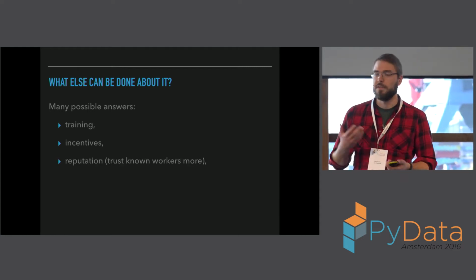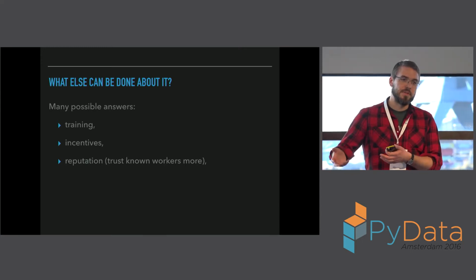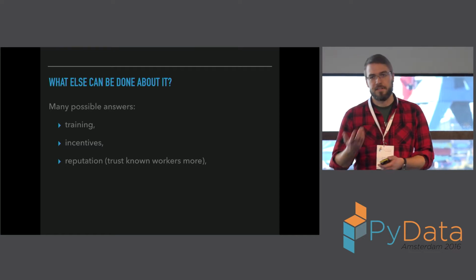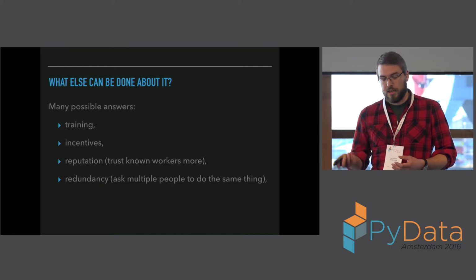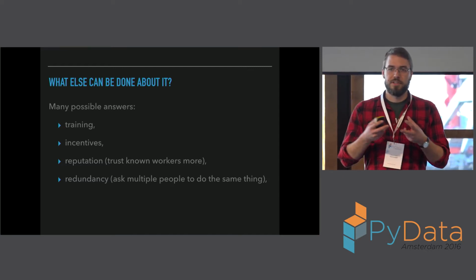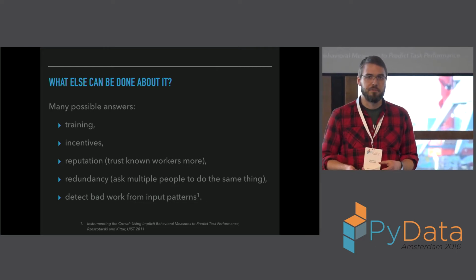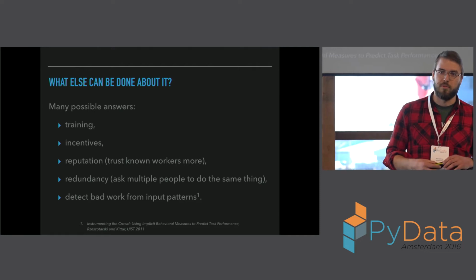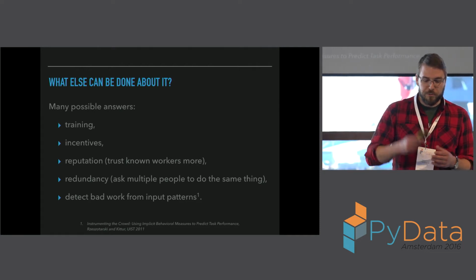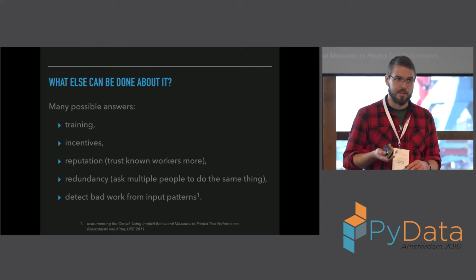For example, we could give testers some work that we know the answer to, and then measure their responses, and the ones that always answer correctly could get better reputation, and then we could trust them more. We can ask multiple people to do the same thing, and then look for consensus. And finally, we can try to detect bad work from input patterns. This idea is based on a paper from 2011. We do a little bit of everything from this, but I'm going to talk about the last point.